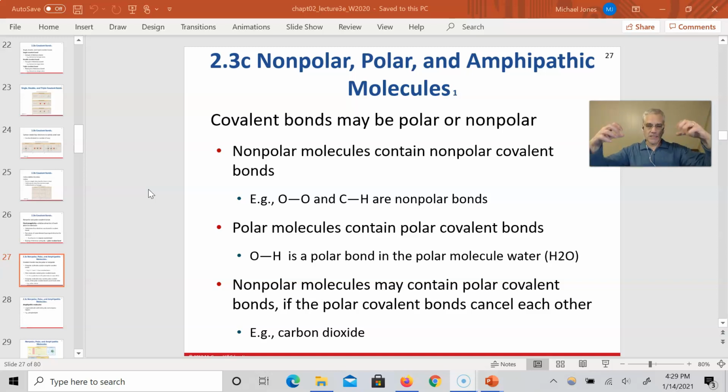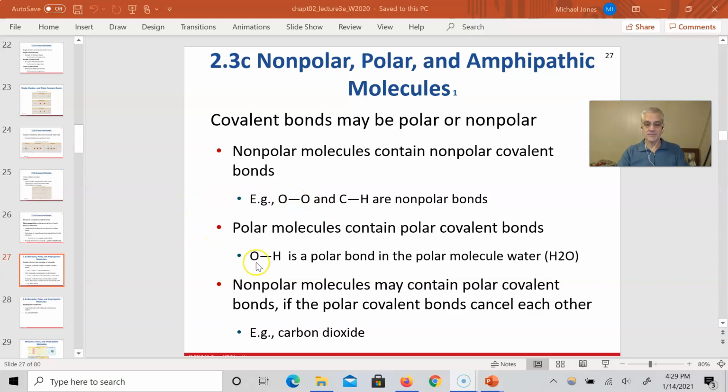They're grabbing and pulling, but they're pulling evenly, so we consider that nonpolar. Now it turns out that carbon and hydrogen are also nonpolar. Even though carbon is bigger than hydrogen, they share the pair of electrons about evenly. So that's considered a nonpolar bond.